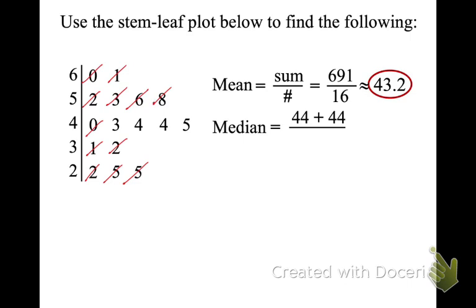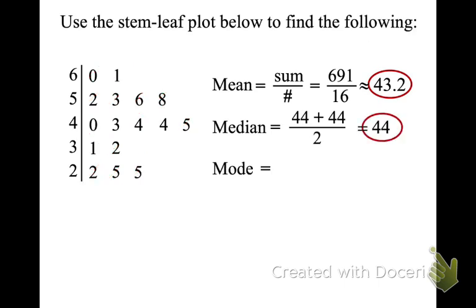No, whoops, sorry. It should go here. 7, 7, that's right. And so my middle numbers are there. Sorry, I got lost there. So divided by 2, it's going to be 44.